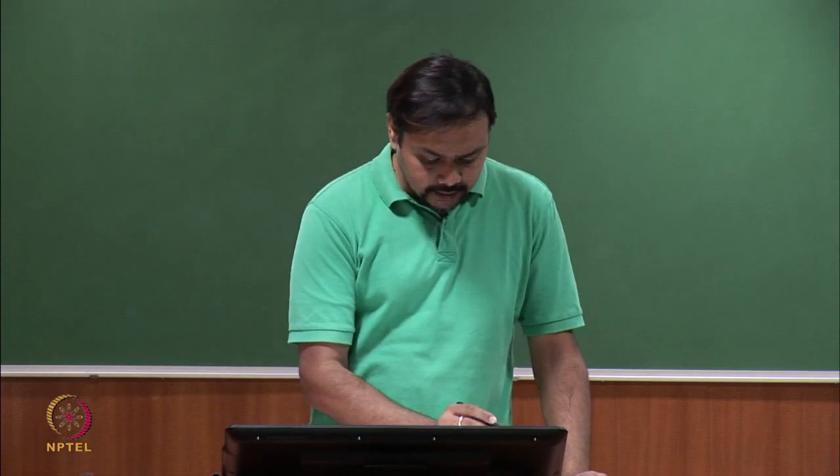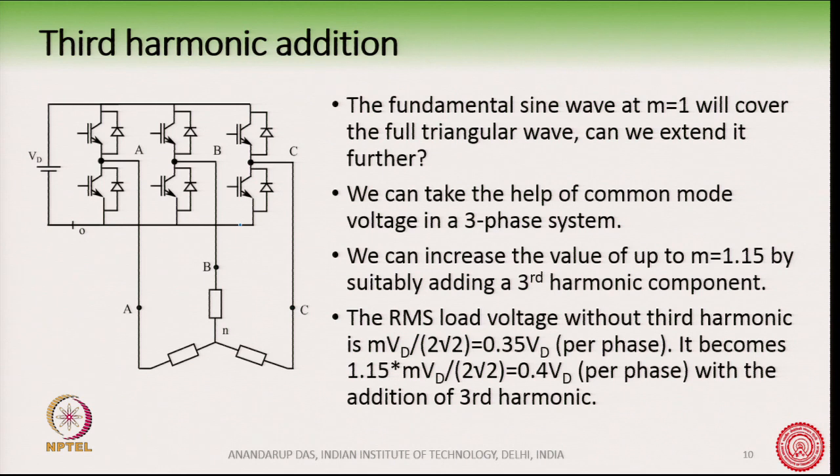You can see there is a 3-phase converter drawn here, and with sine triangle PWM, or sinusoidal PWM, we get a certain value of load voltage given a certain value of DC bus voltage.